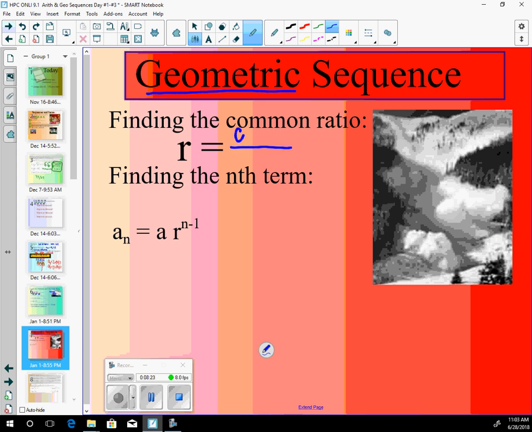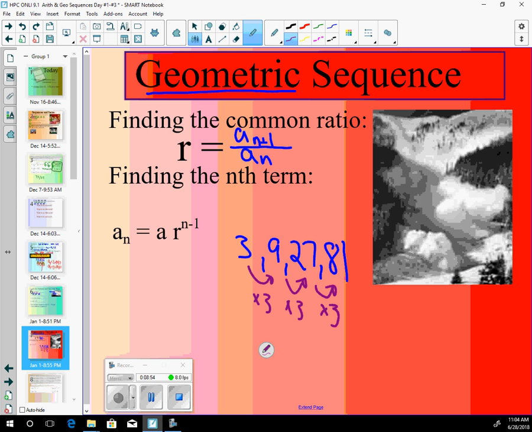So instead of a of n plus 1 minus a of n, it's a of n plus 1 divided by a of n. That's a helpful formula. And for this one, let's take 3, 9, 27, 81. Okay, so we're multiplying by 3 each time.